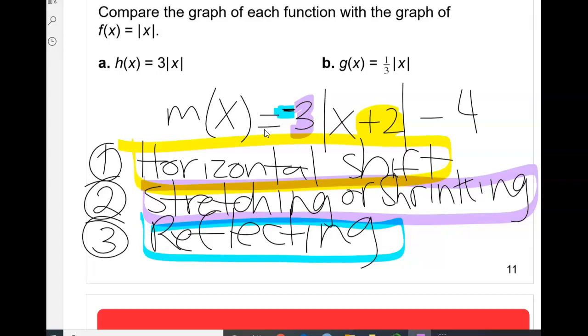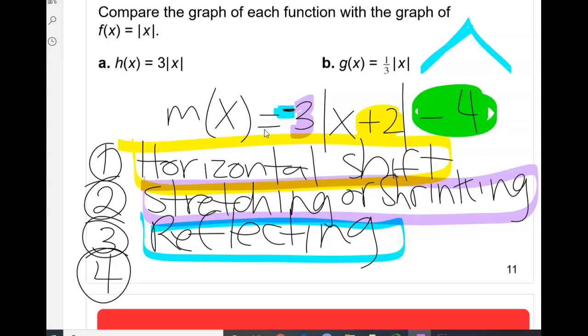And that will be a reflection across the, since the y is changing, it will be across the x-axis. So it will be like a downside V. And then fourth, at the very end, you are going to look at your vertical shifting.